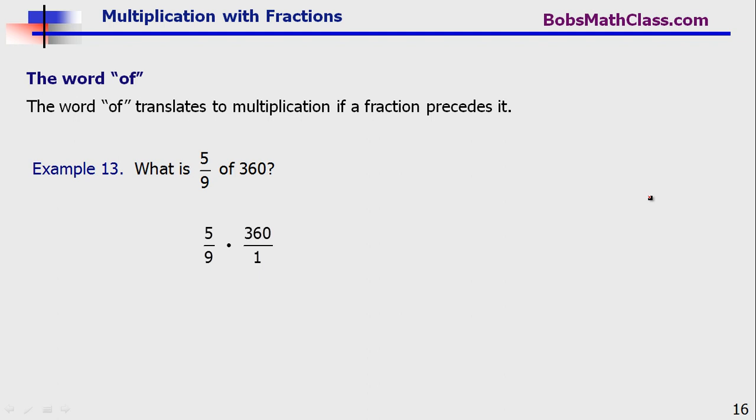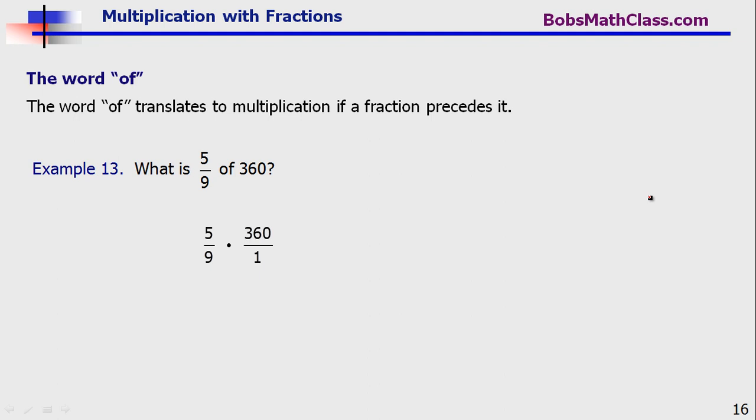Now, the 360 is a large number, but I think it's still easier to cross-cancel in this problem because 9 will actually go into 360 evenly. There's a divisibility test for the number 9, and that's if you add the digits up. If 9 goes into the sum, then 9 will go into that number.